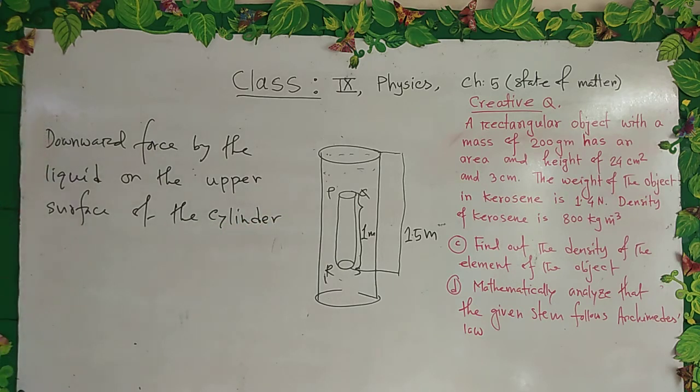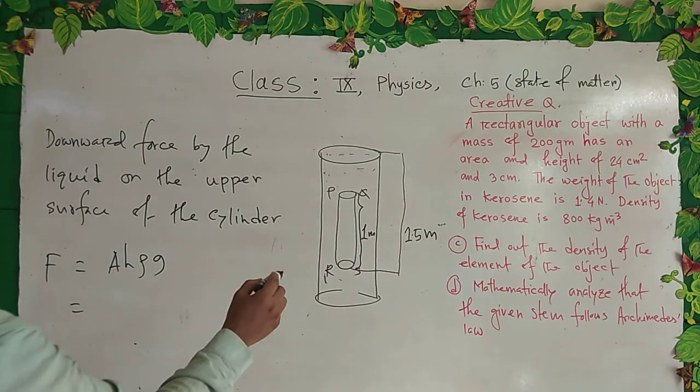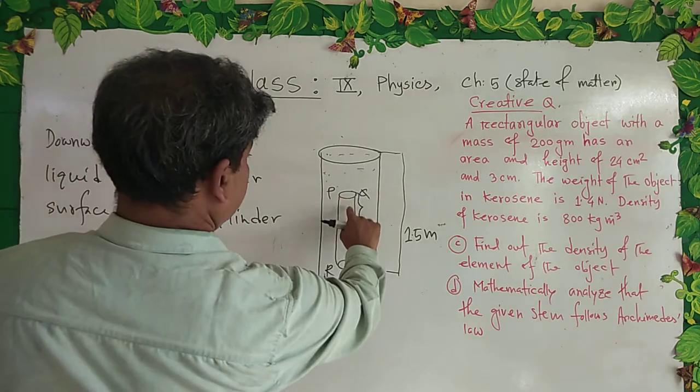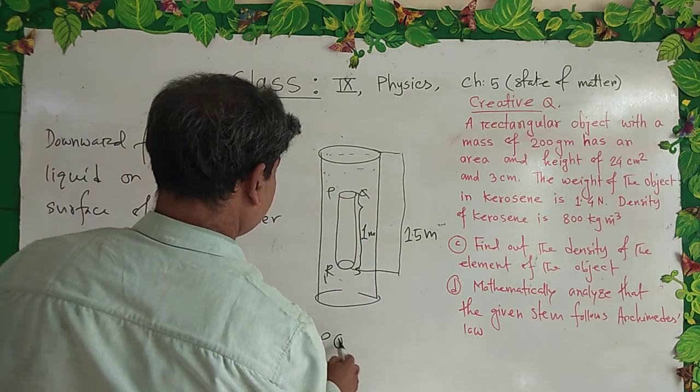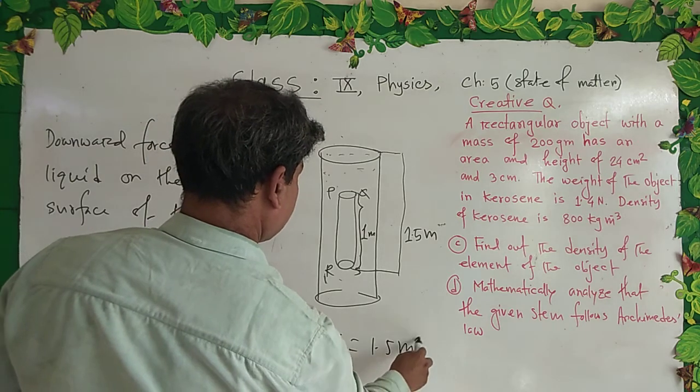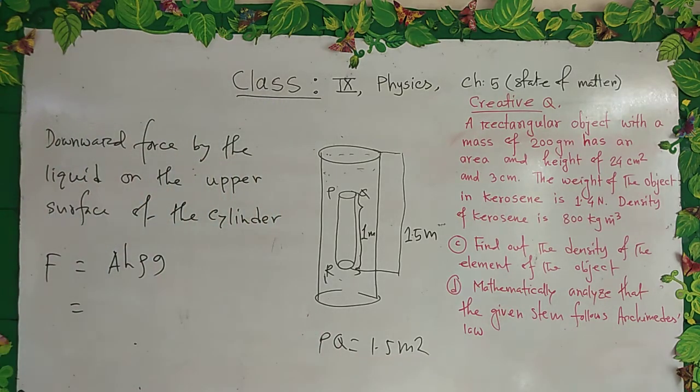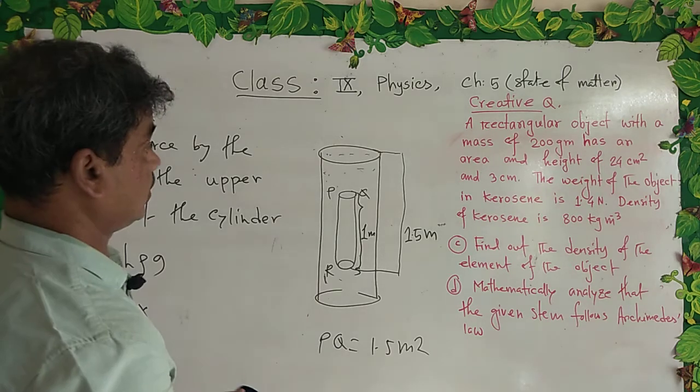You can calculate this in this way. Force F equals A h rho g, and here the area of the upper surface PQ equals 1.5 meter square. So you can write A as 1.5 into h as it is.